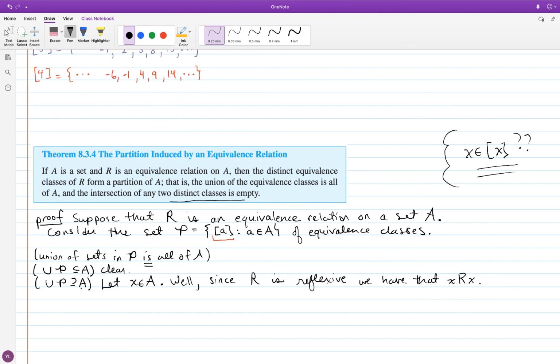In other words, X is in its own equivalence class because its equivalence class is all of the things that it's related to. So we have found a member of the collection P that X is a member of, hence X is in the union of P.